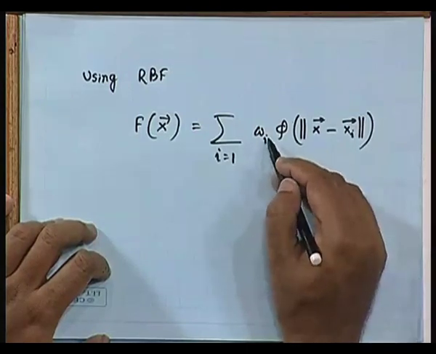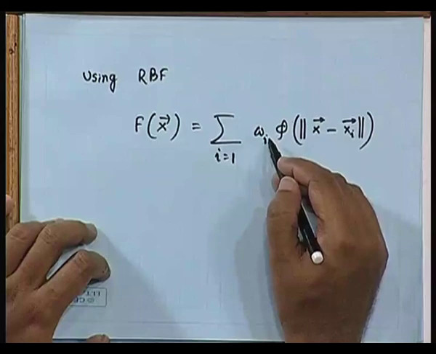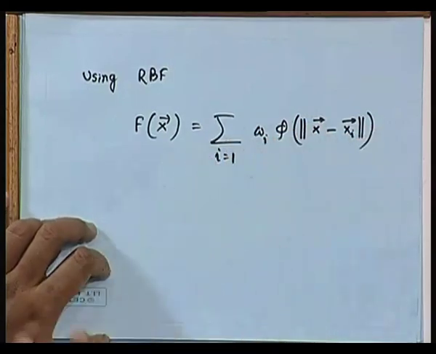So, we have n such synaptic weights, from the hidden layer to the output. We are mapping from the hidden space of n dimensions to the output, which is of 1 dimension.